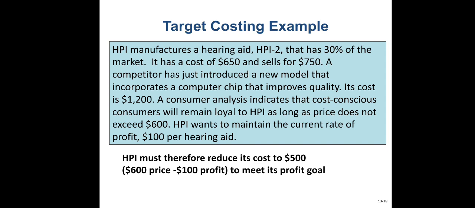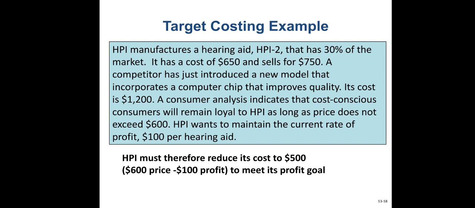A competitor has just introduced a new model that incorporates a computer chip that improves quality. Its cost is $1,200. A consumer analysis indicates that cost-conscious customers will remain loyal to HPI as long as price does not exceed $600. HPI wants to maintain the current rate of profit, $100 per hearing aid.